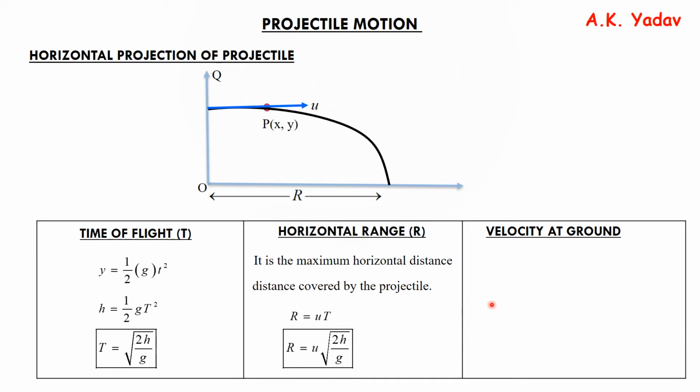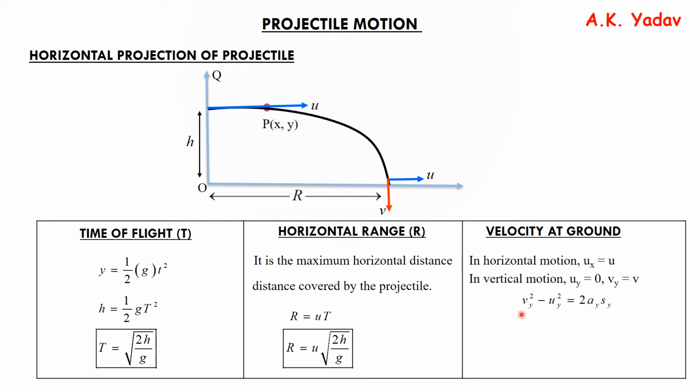The third thing is velocity at ground. In horizontal motion, the initial velocity is u as shown by the blue arrow. In vertical motion, the initial vertical velocity is 0, but the final vertical velocity is v as shown by the red arrow.